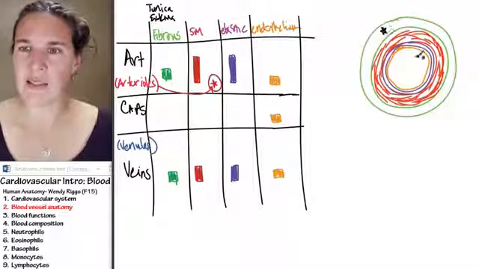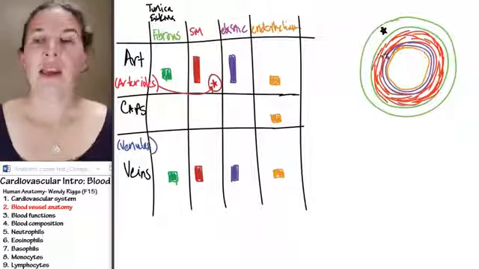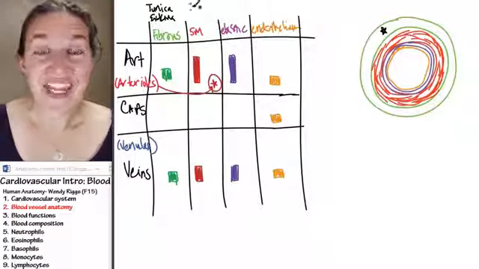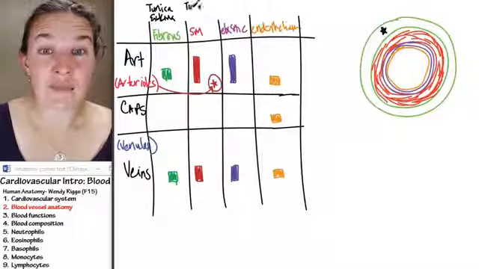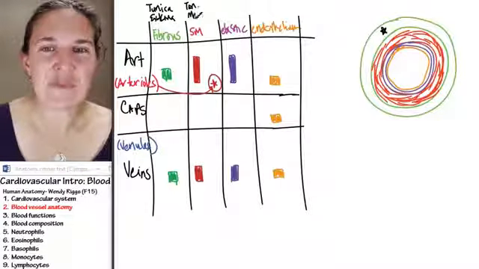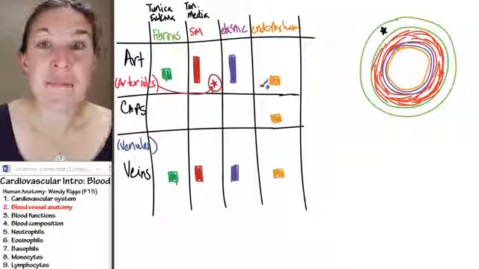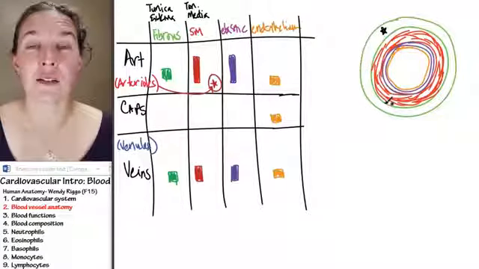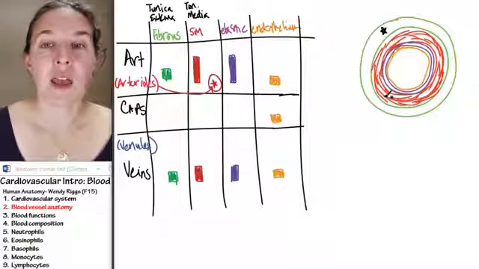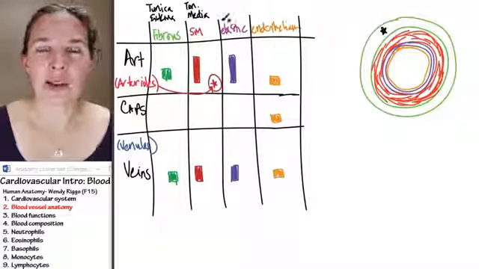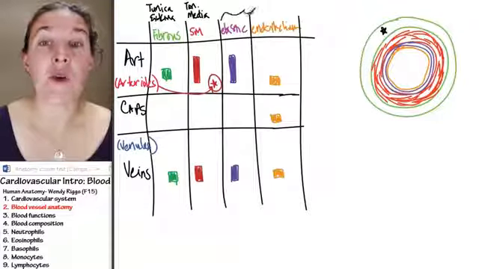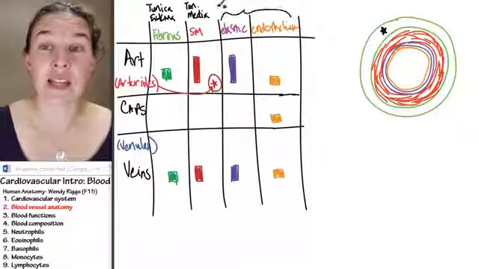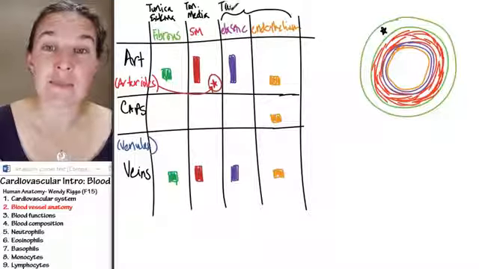It's the fibrous layer. The smooth muscle is called tunica media. It's the middle media layer made of muscle.